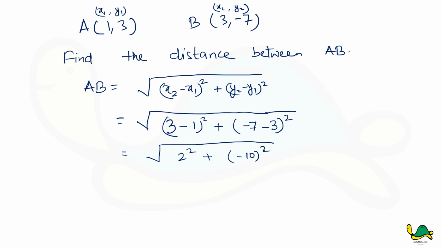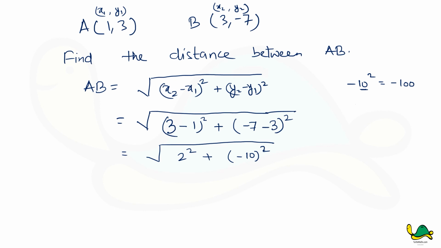One of the most common mistakes that I have seen a lot of students make, when they are plugging in these values in their calculators, is they end up writing negative 10 square, and if you do that, your calculator gives you an answer of negative 100. The problem is that the calculator first calculates the square and then multiplies the answer with the negative sign.